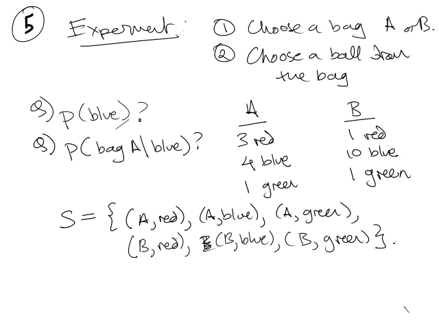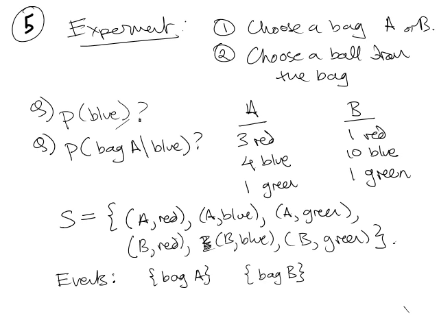So the sample space contains 6 points, but not all of these are equally likely, so we have to assign probabilities. The probabilities aren't just given to us in this case. What is given to us are the probabilities of certain events. So what events do we know about? One event is that bag A is chosen. One event is that bag B is chosen.